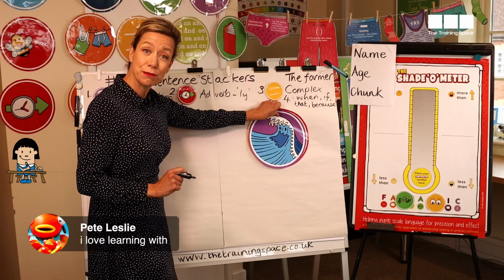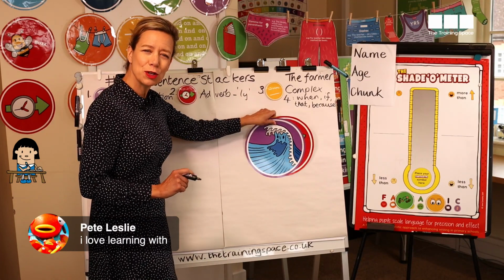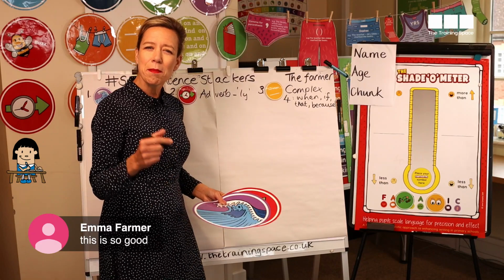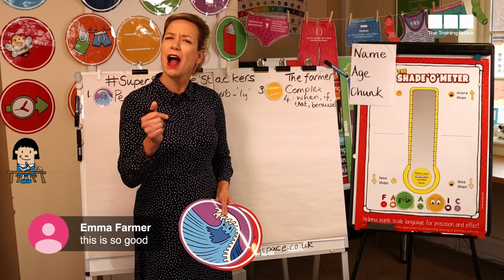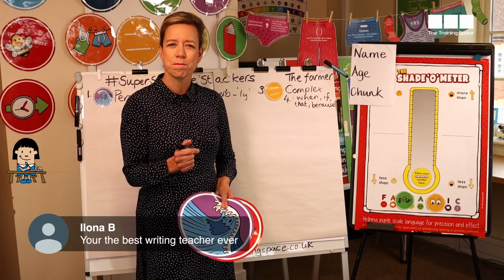So my chunk is 4, and when it's time to write, make sure your name goes on your piece of paper, your age, and the chunk you have chosen.